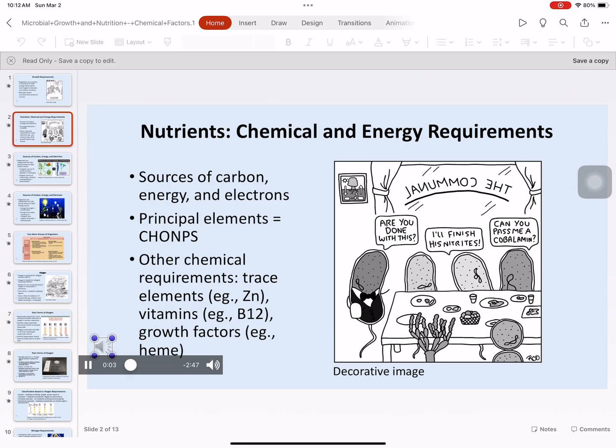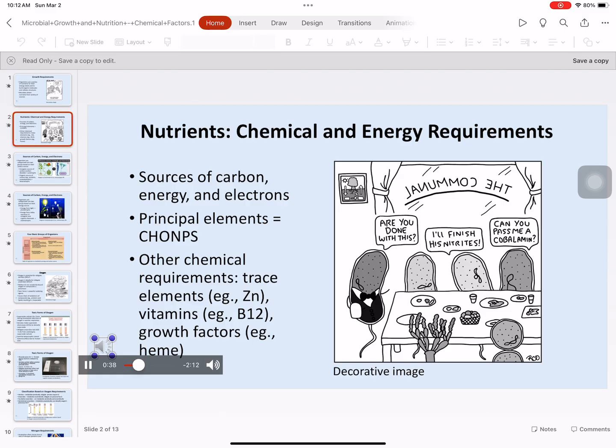To reiterate, microbes use things like carbohydrates and other macromolecules as sources of carbon, as sources of energy, and as sources of electrons. Typically, we take that to mean the hydrogens and their associated electrons. And we, of course, use those to power electron transport chains to make lots and lots of ATP.